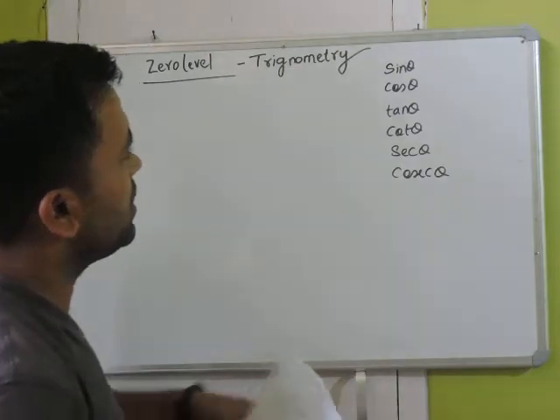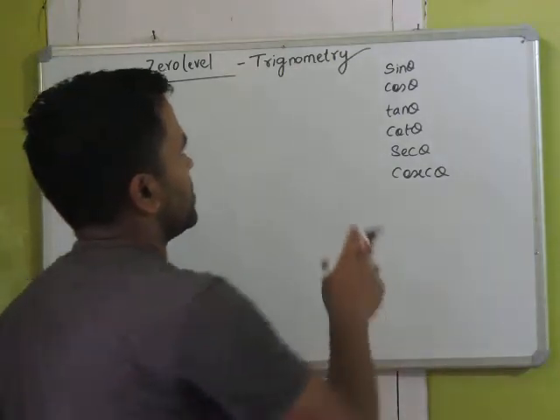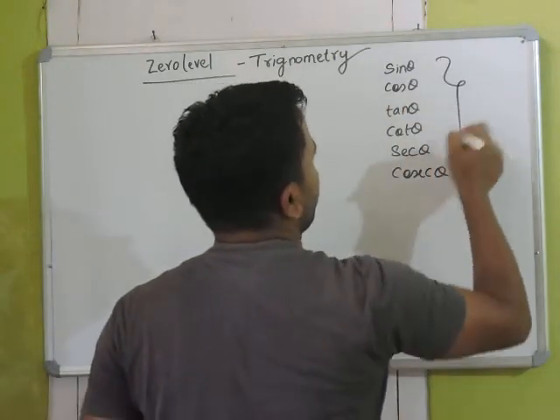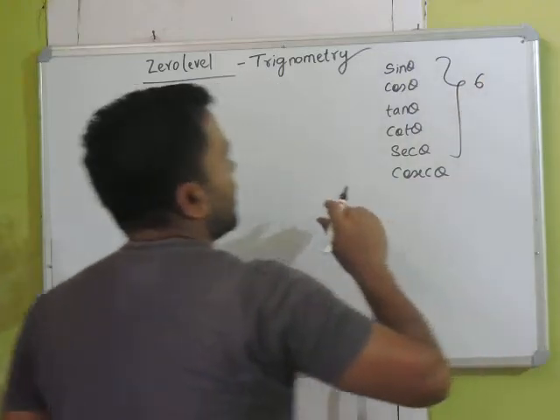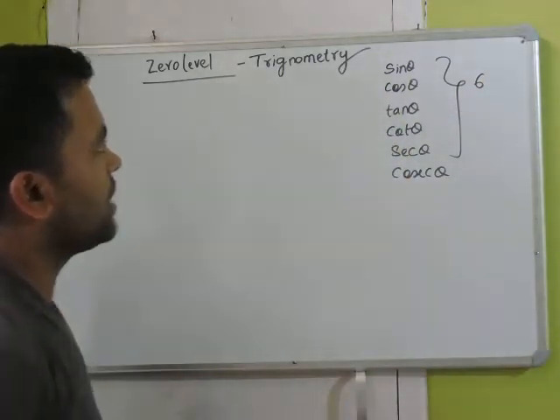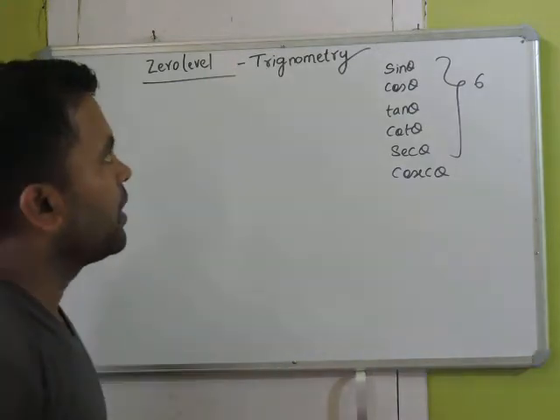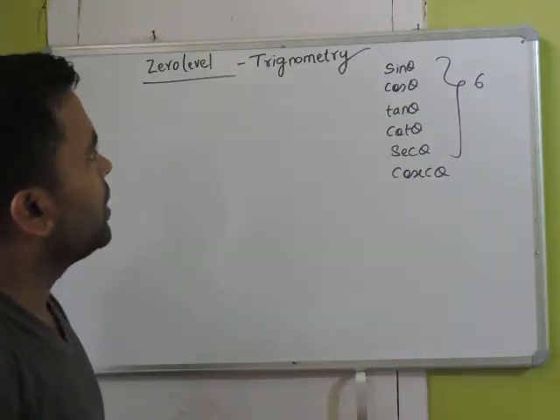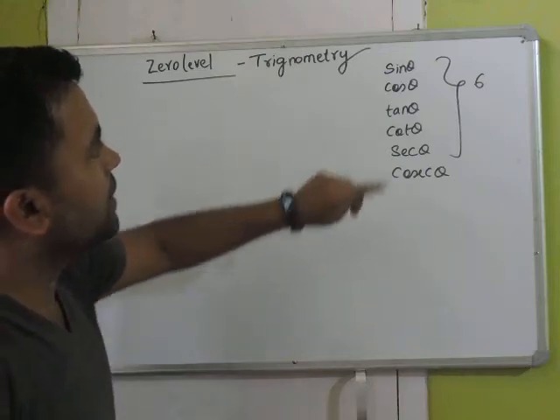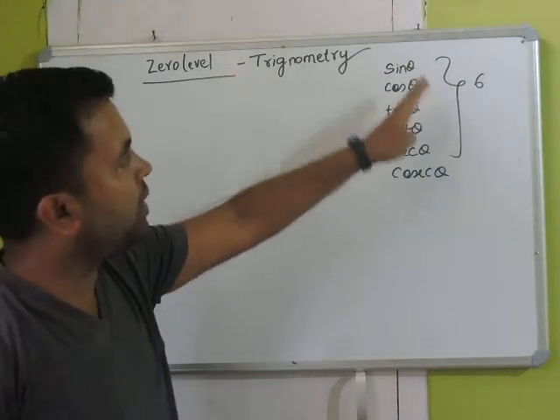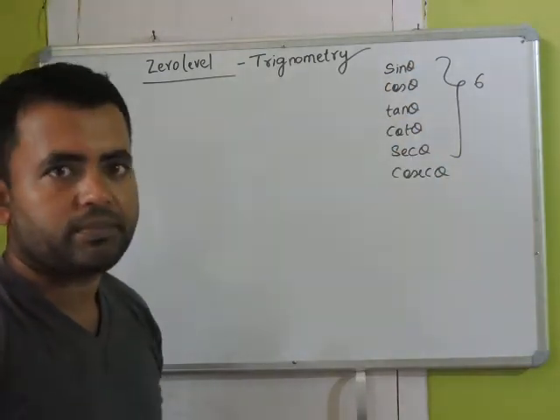So if you count them, there are 6 trigonometric functions. Okay, there are 6 in number. Now, where this idea comes from, we'll talk about it a bit. Now, if you see this theta, somehow it refers to an angle.